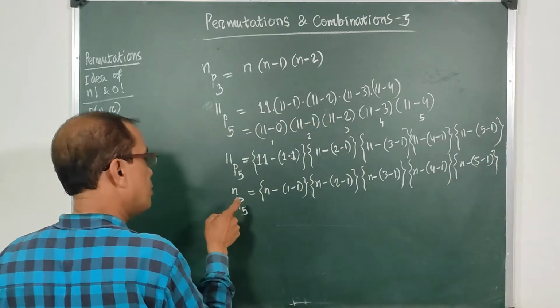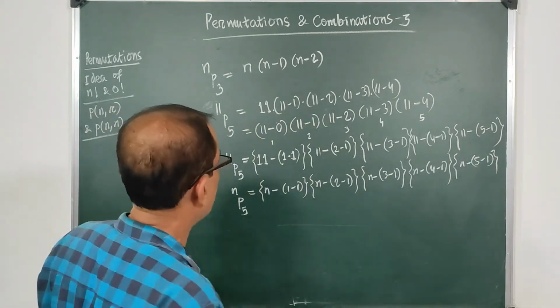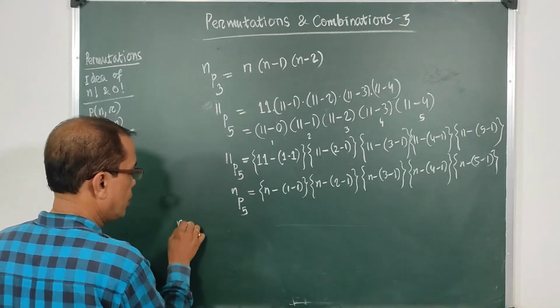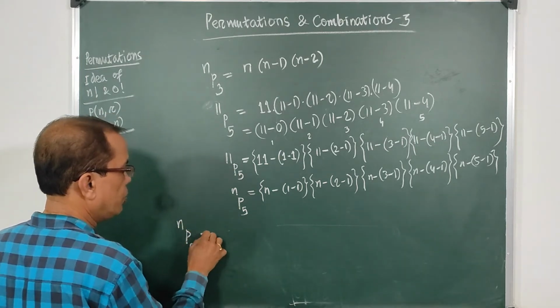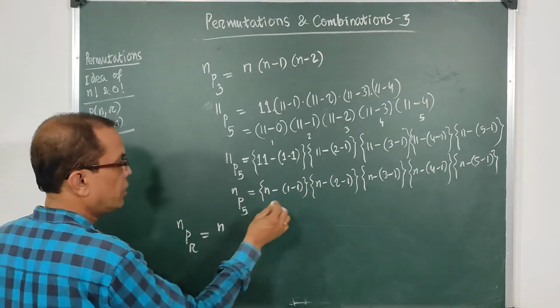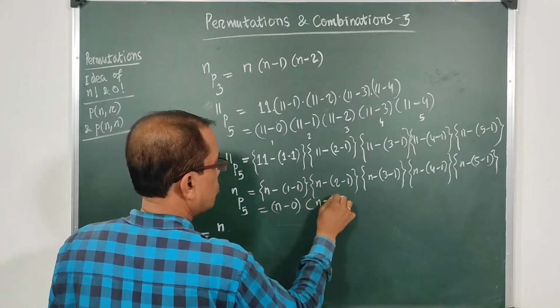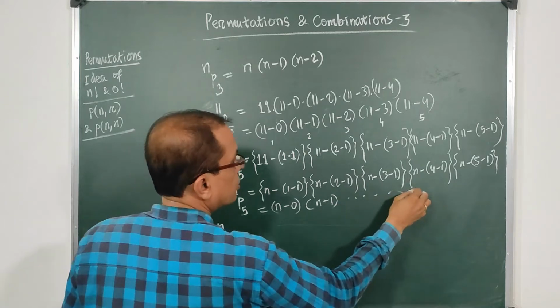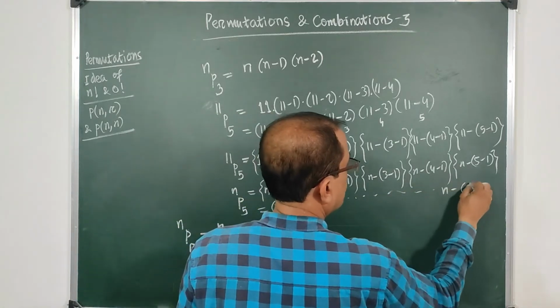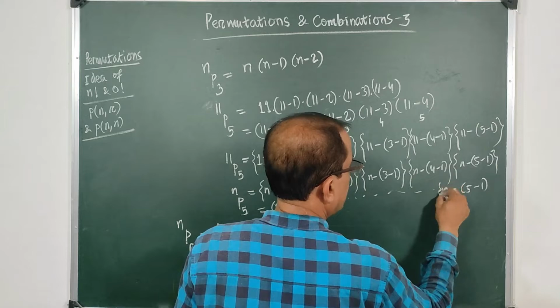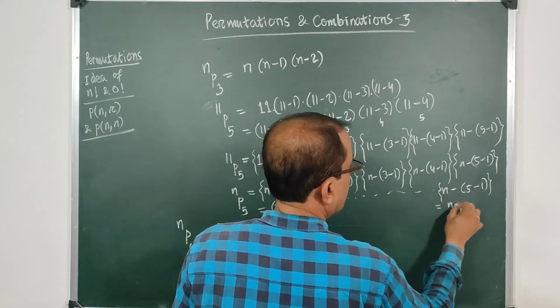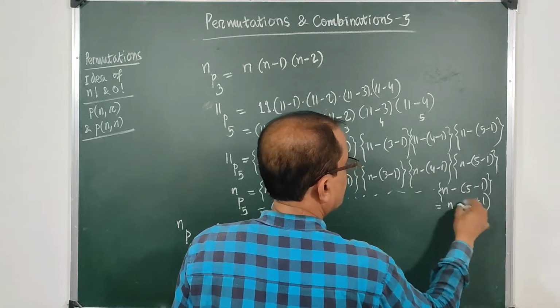So if now we replace 5 by another number r, we get a formula nPr. What will it be? The first one clearly is n minus 0, this is n minus 1, and the last one is n minus 5 minus 1, which we can write n minus 5 plus 1.